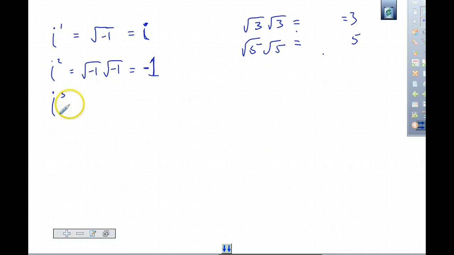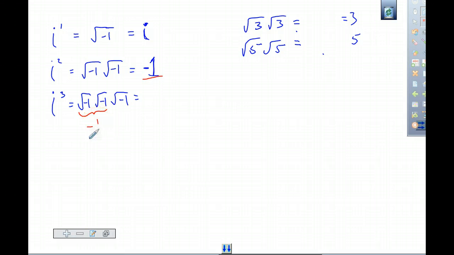i to the third. Square root of negative 1 times square root of negative 1 times square root of negative 1. Let's use what we already calculated to help us out. We already know that the square root of negative 1 times the square root of negative 1 equals negative 1.